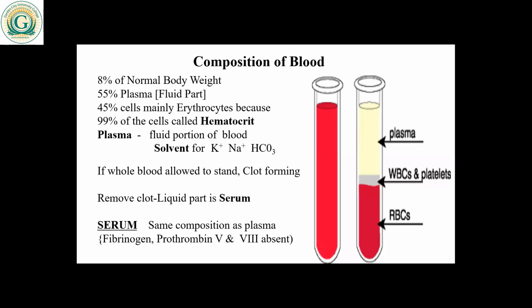So when you remove these clotting factors, the remaining fluid part is called the serum. So the serum has the same composition as plasma, without fibrinogen, without prothrombin, without other clotting factors. So taking all these clotting factors out, you get serum.